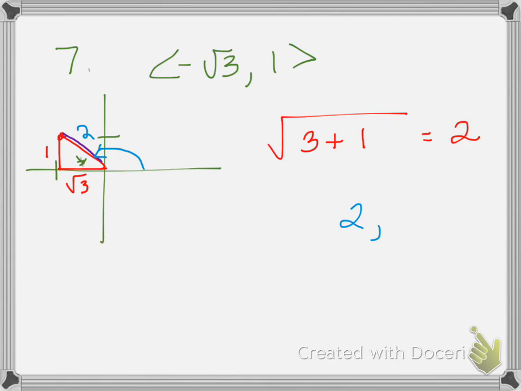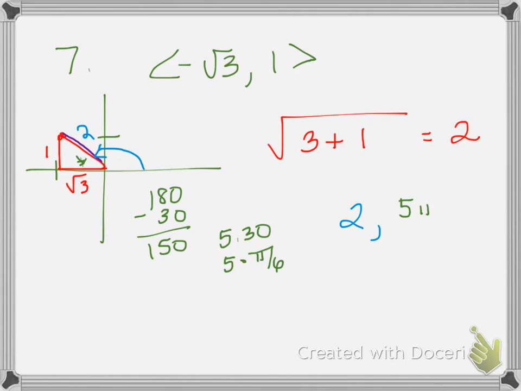I know that that star angle is actually a 30-degree angle because this is a 1, square root of 3, 2 triangle. And I know if I did 180 minus 30, I would get 150. And now to change that to radians, because you need to be in radian form, I know that that would be 5 times 30, so that is 5 times pi over 6. So my angle is 5 pi over 6.